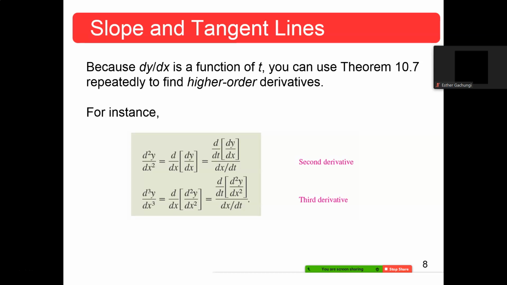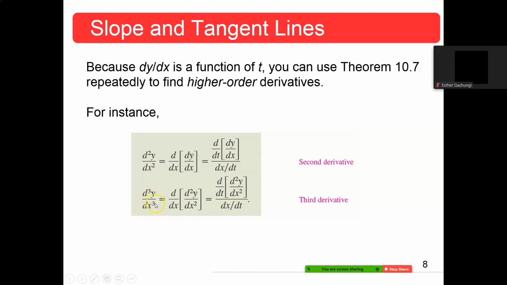Now, they don't take it any further, which is sort of a shame. They kind of leave it hanging there. That's an awkward form to leave it, because you see you still got x's in here. If you could get rid of the x, then that would be very good. But you could, because if you remember this, dy/dx is dy/dt over dx/dt. So you can usually get rid of that.